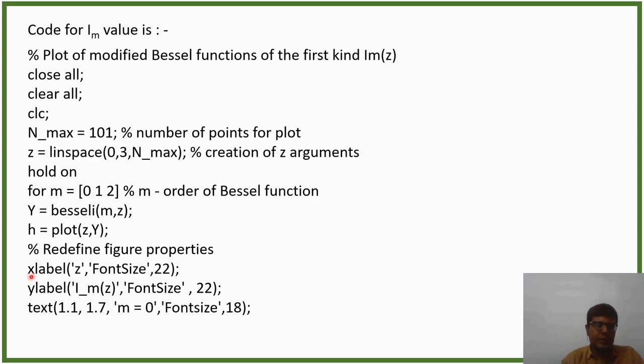Then we have defined the figure properties. We have x label as z and its font size 22. We have y label as Im(z) and its font size 22. Then we have defined the text for x-axis 1.1 and y-axis 1.7 for m equal to 0 and font size 18.